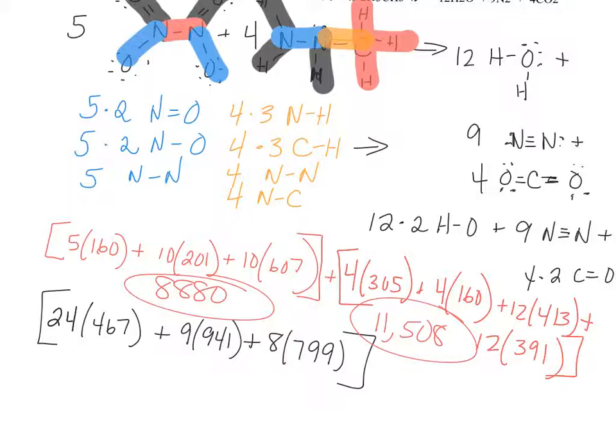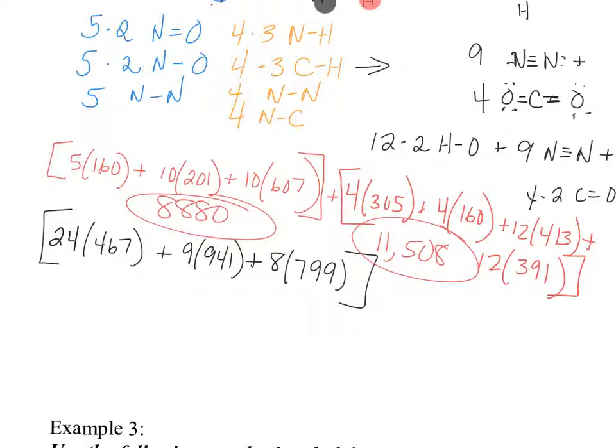So when I add the two of them together, I get 20,388, and then our bonds formed came out to 26,069.